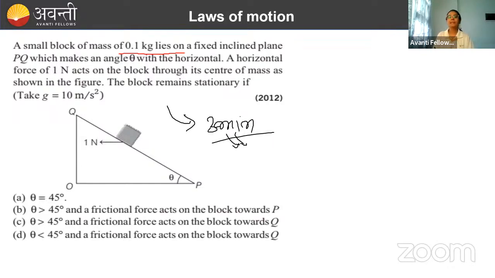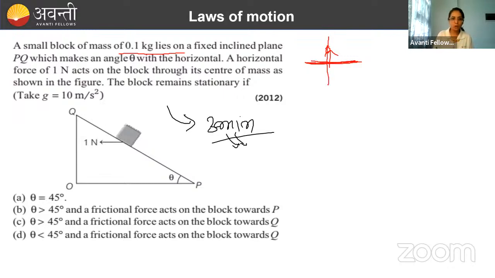In any mechanics question, if you have to resolve the forces, before resolving, just see in which two directions you have to resolve them. For finding that, you need to see in which direction the block has a tendency to move. Just as a person standing here can move along the earth, one direction will be this, and another direction will be perpendicular to it.